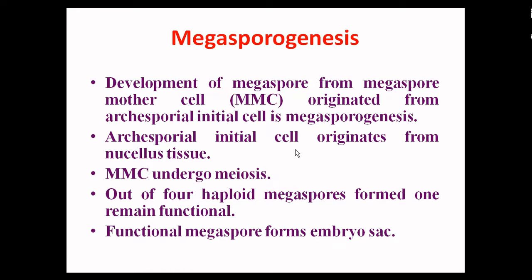This archisporial initial cell may directly function as a megaspore mother cell, which undergoes meiosis to produce the 4 haploid megaspores. Out of these 4 haploid megaspores, one remains functional, and the embryo sac is derived from this functional megaspore.